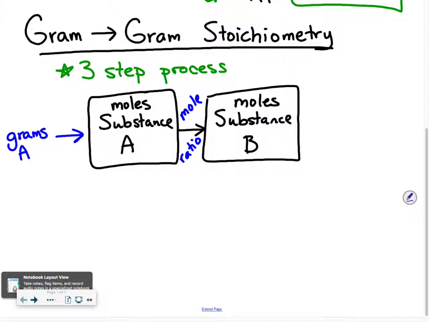It's something on your mole map. What did you say, Erin? Molar mass, yeah. So molar mass, right? And then to get to grams of B, we need the molar mass of substance B.